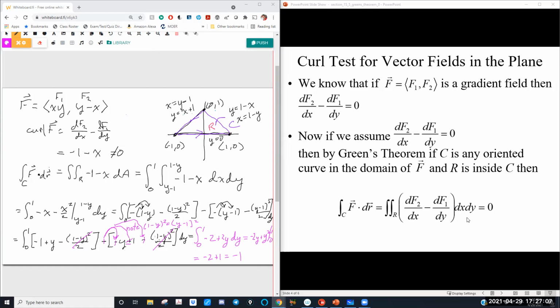We're going to go ahead and say, hey, we have a conservative vector field, and we're going to find the potential function. Now, if we get 0 for the curl and it's a closed path, we know it's 0 because you're ending where you started, and in a conservative vector field, if you end where you started, then the line integral is 0.